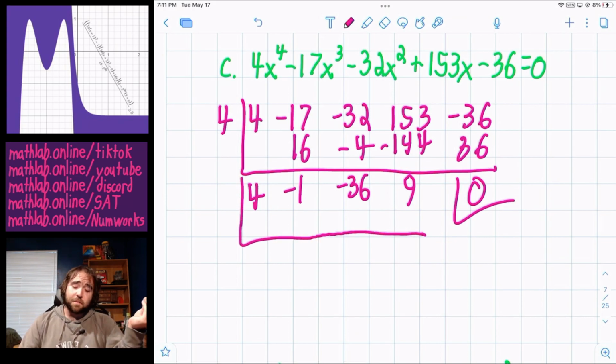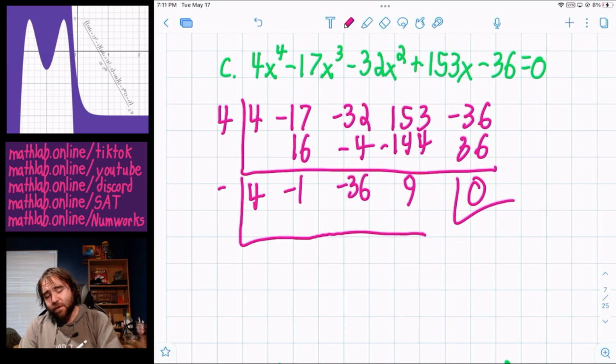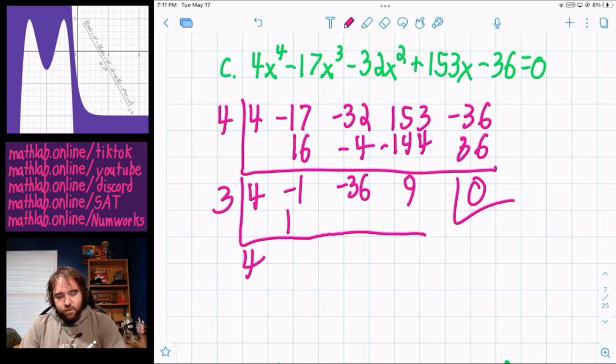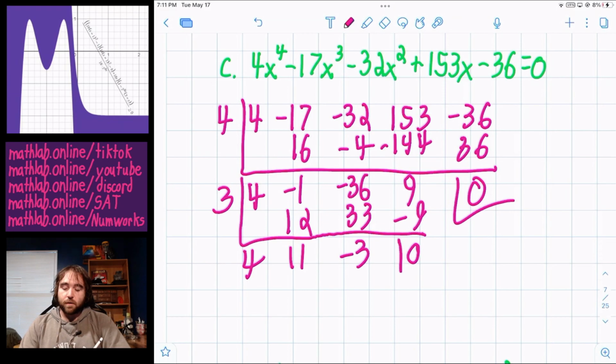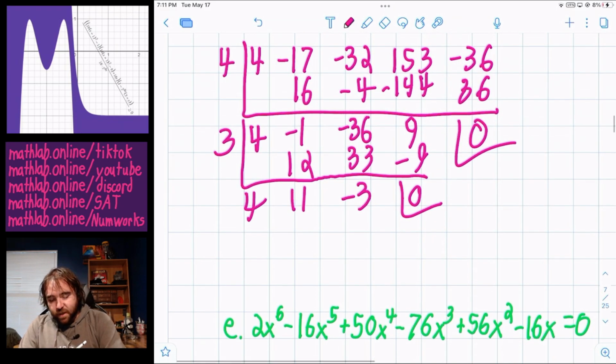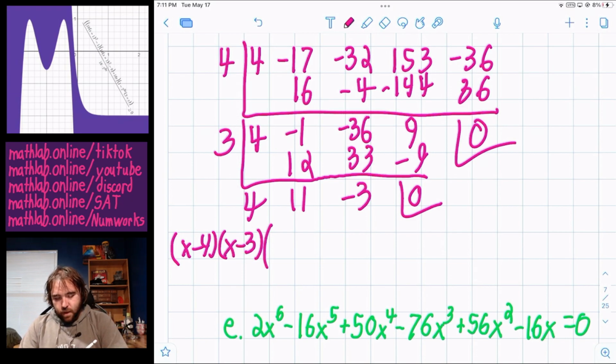So what should we try next? Maybe like 3? I don't know, that's probably not right. Drop the 4, 4 times 3, 12, 11, 33, negative 3. That's pretty good, it is right. So what is that then? We've got x minus 4, x minus 3, and 4x squared plus 11x minus 3. So then we'll Richmond.